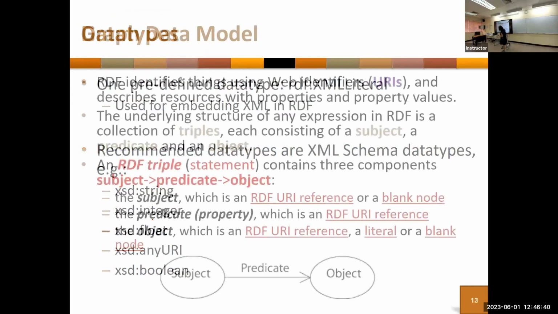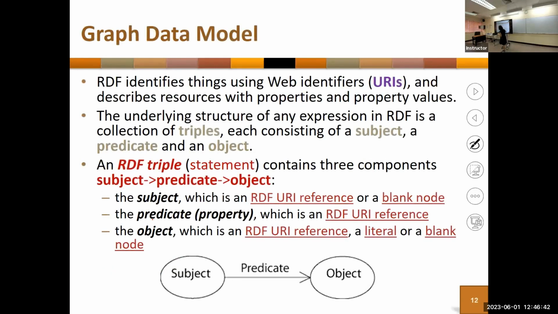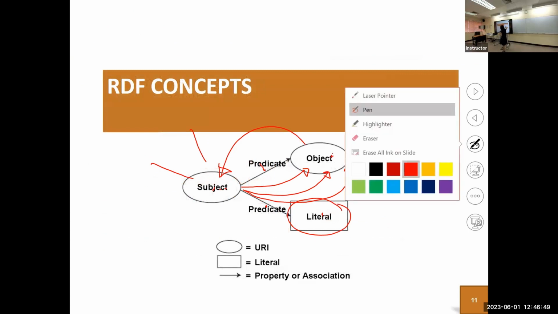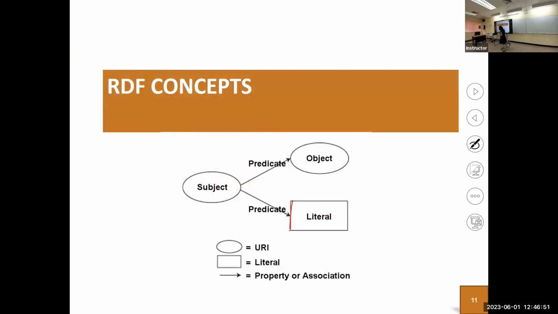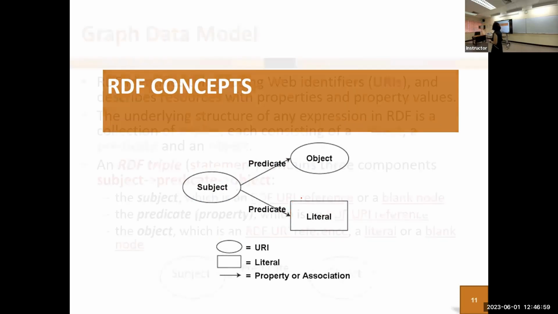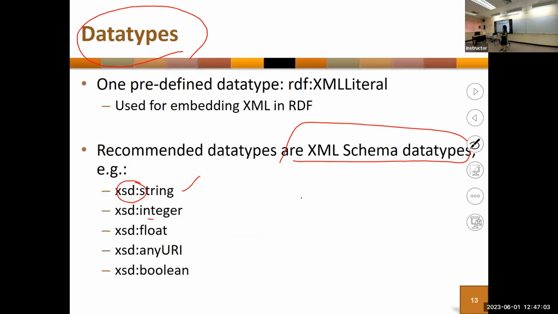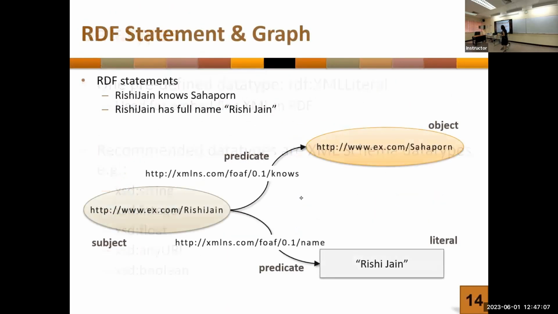And this data type is for this. When you want to describe your resource as a literal, you may want to define proper data types of those literals, okay? And that is what you can use, any of the available XSD schema data types.